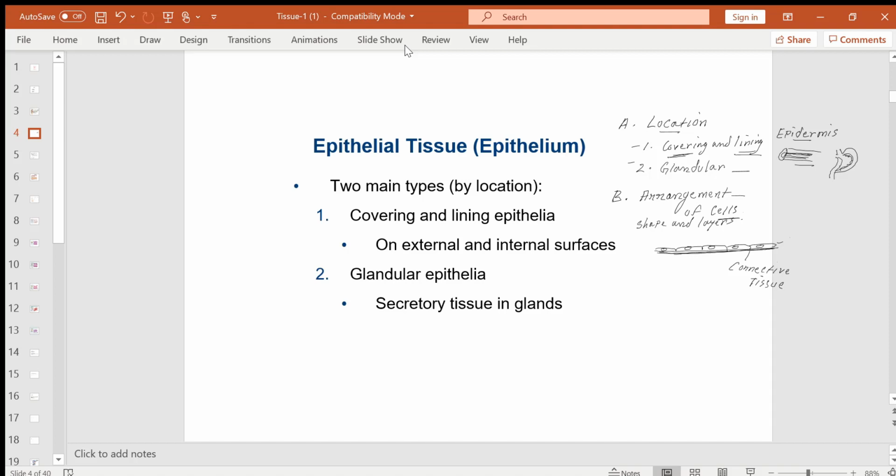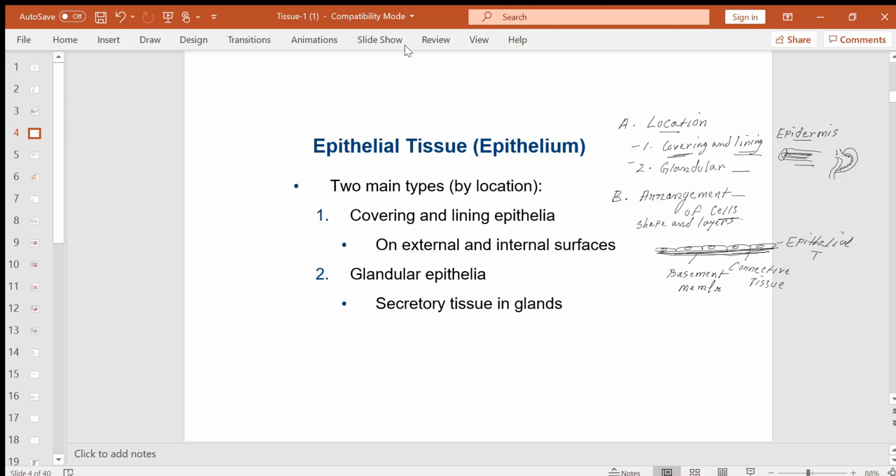So this is the epithelium. Okay, epithelial tissue. So here you see this underlying connective tissue that supports the epithelial tissue is called basement membrane.